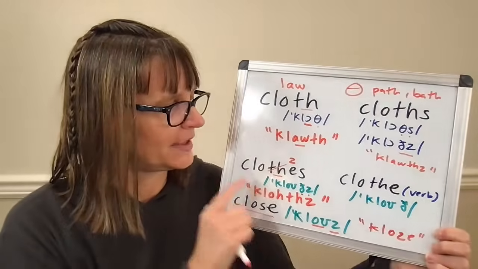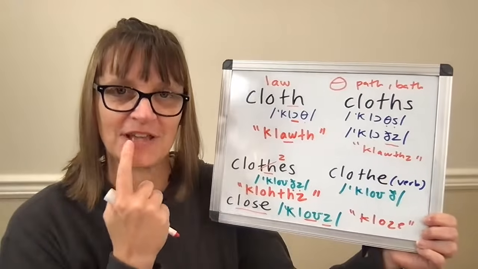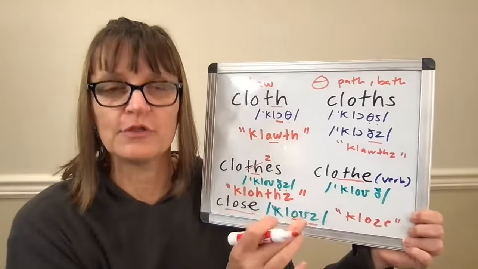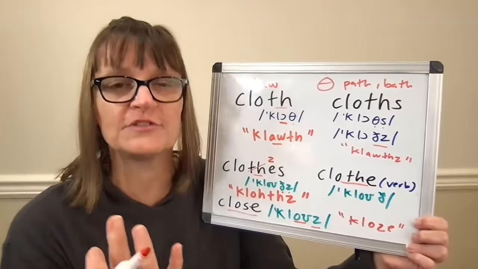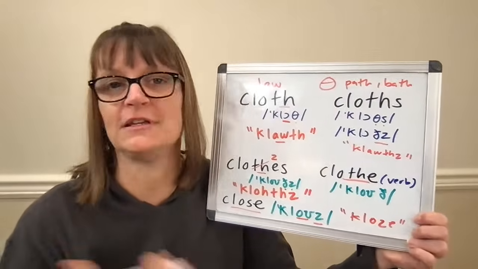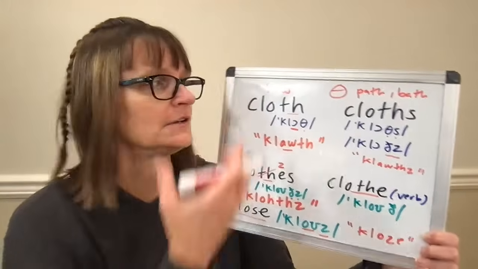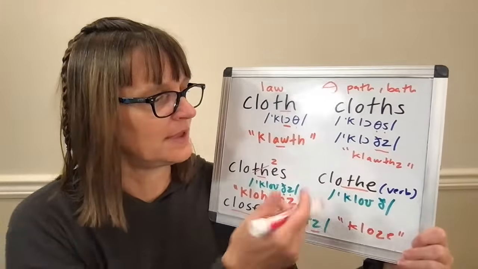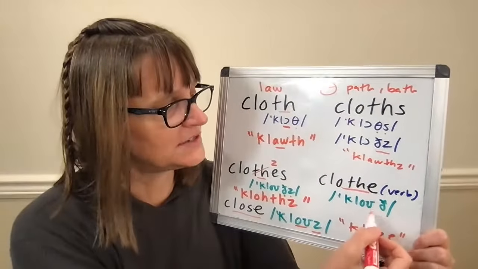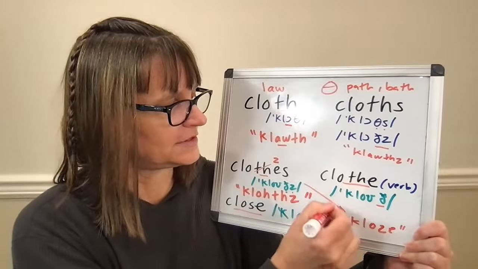So if you want to work towards saying clothes with the th and the z, a good way to do that is to practice the word clothe, which is the verb. To clothe someone is to put clothes on them. Or you can be clothed in silk, clothed in furs, clothed in cloth. So again, clothe, not as common of a word, but that one does have the voiced TH sound. So this goes with this, not here.